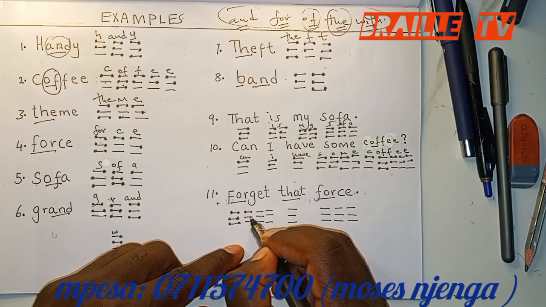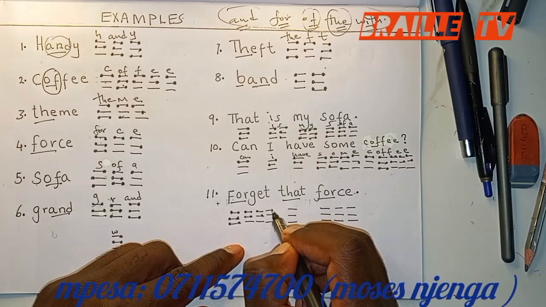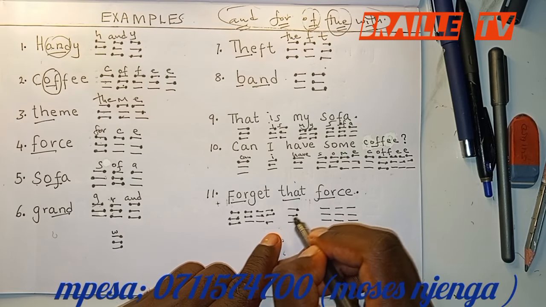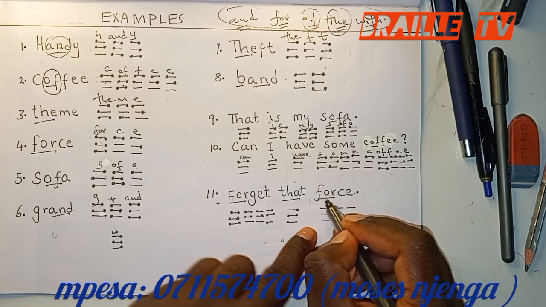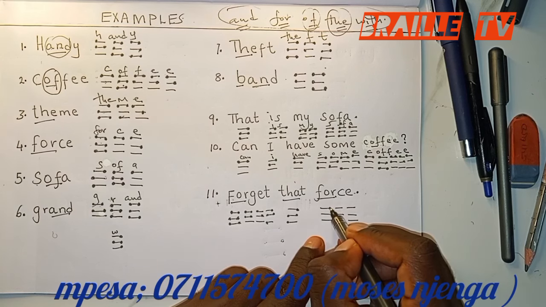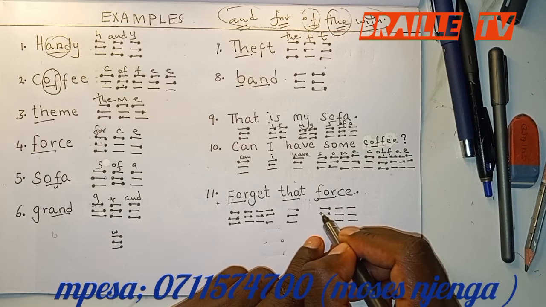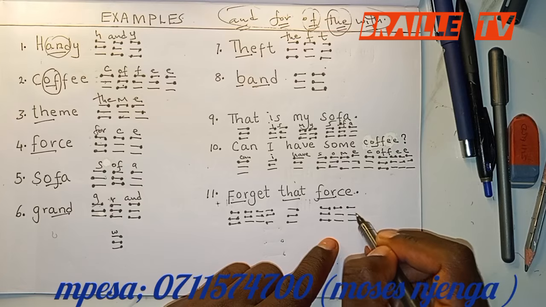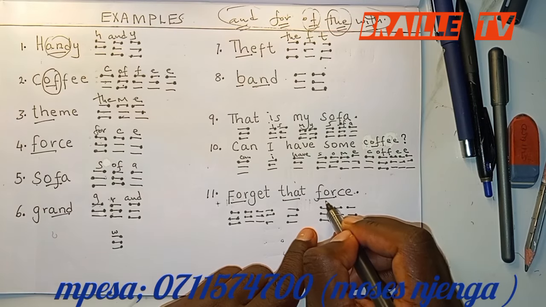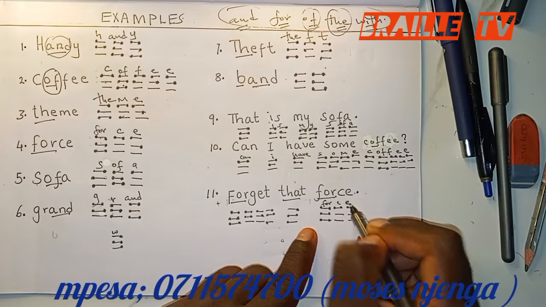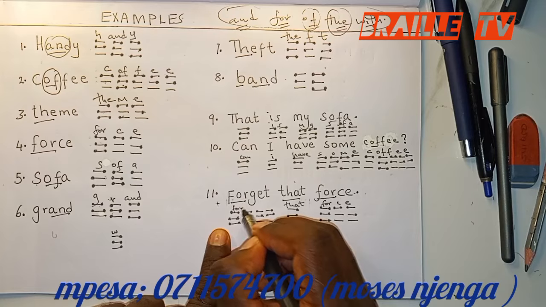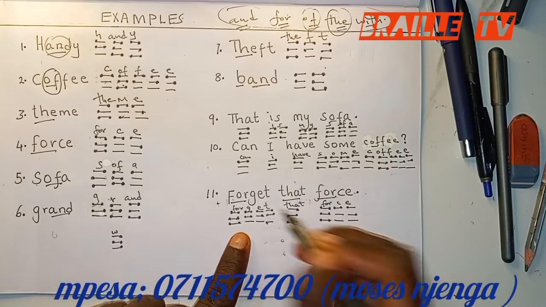G and E and T, as simple as that. So this is forget, and then that, I told you it's T standalone, and then force, again you contract for. You contract for, which is missing none, and then C and then E. So this is force, and then this is that, and this is forget, as simple as that.